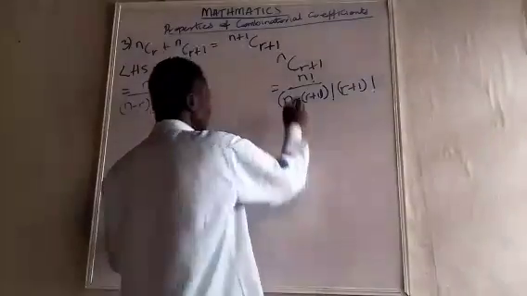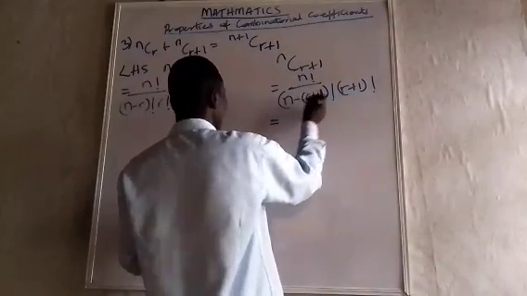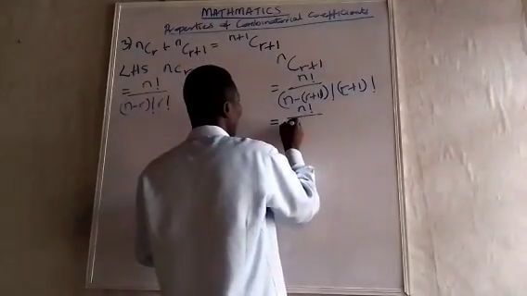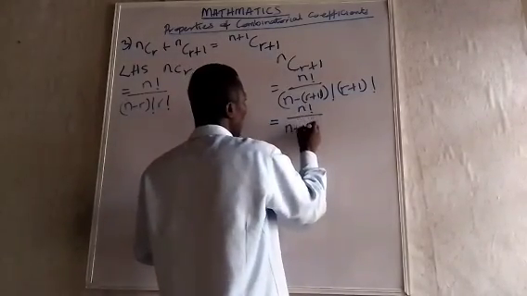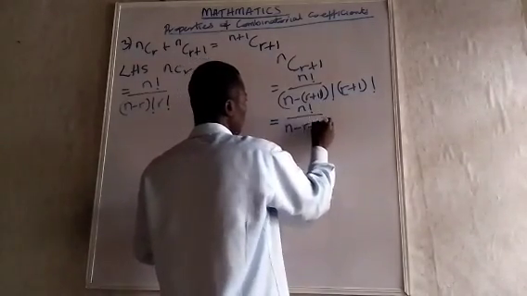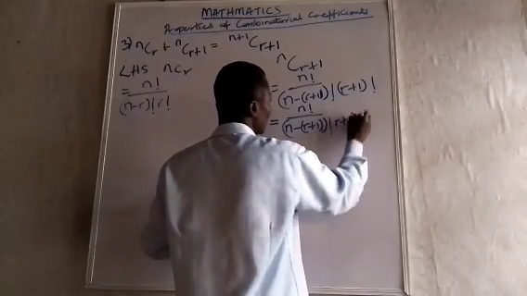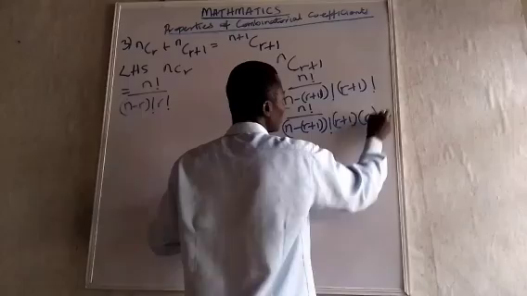Looking at this further, we can make it like this: n factorial over (n minus r minus 1) factorial into (r plus 1) into r factorial.